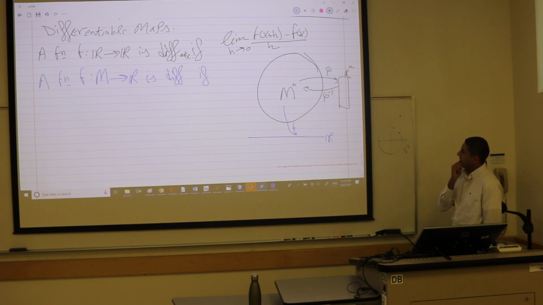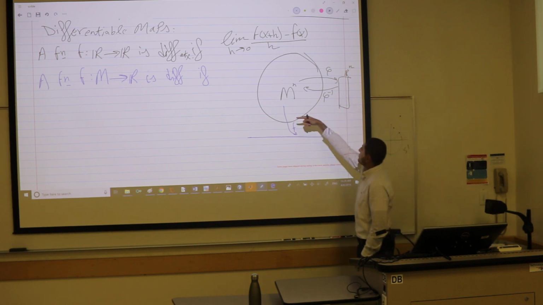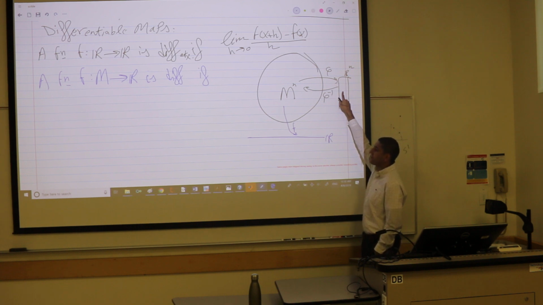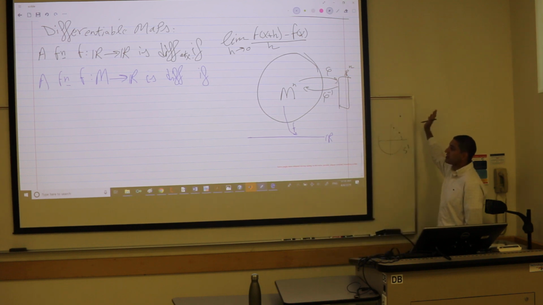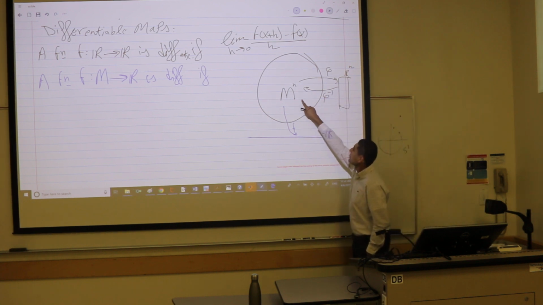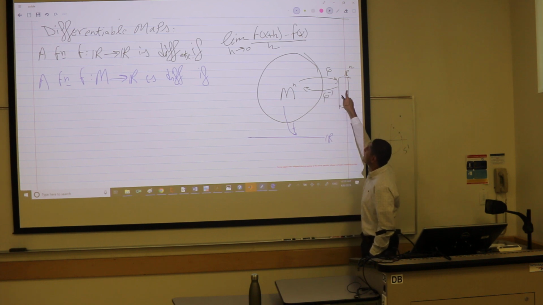What about the following? If I compose f with phi inverse, so I have phi inverse, this is a manifold. Whenever you say a manifold, I'm already given this thing, right? It's as if, whenever you say this is a Euclidean space, I already know that I can add. Here I already know that I have this map that maps any point in the manifold to a flat space and back.